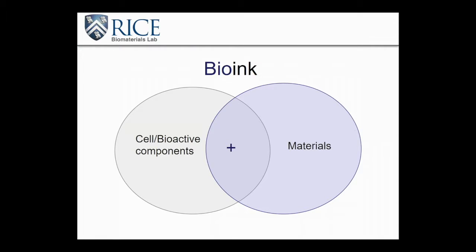And you'll hear a lot about bioinks. In this case, bioinks are not just the biomaterials we're using, but the inclusion of cells and bioactive components. A bioink does not necessarily have to have cells in it, but there's got to be something in it that has a biological purpose to encourage cellular growth, differentiation, or some type of tissue function.